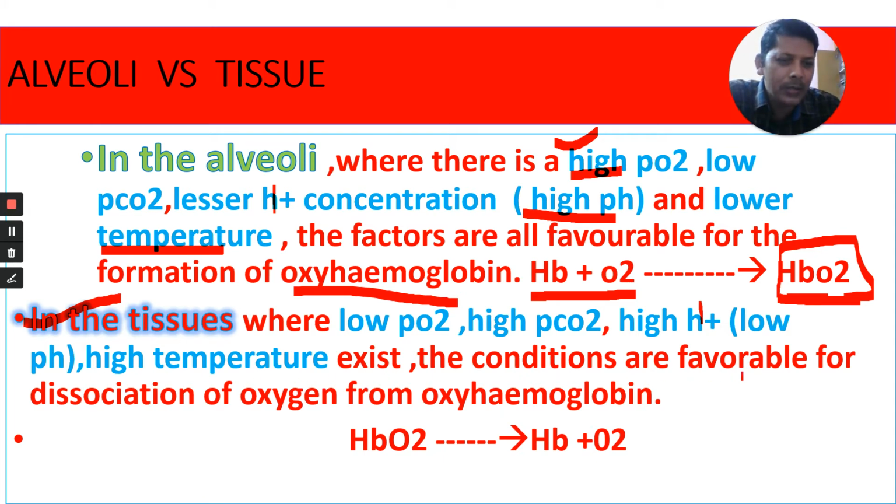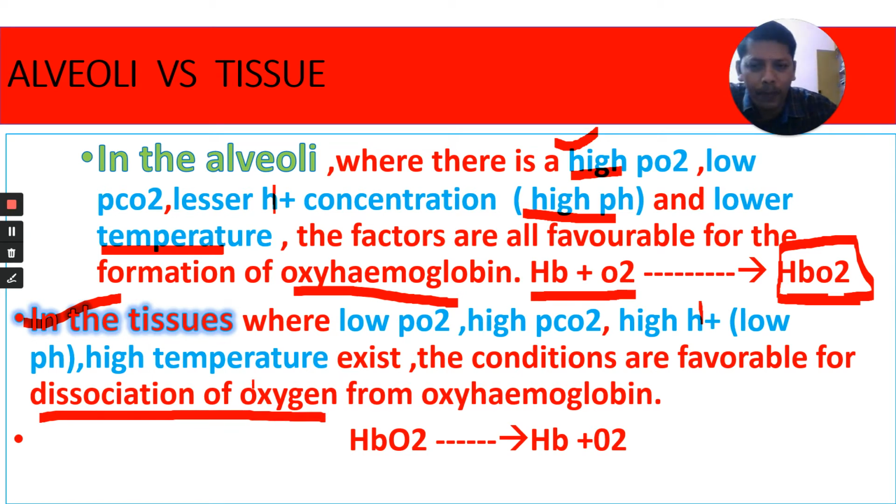These conditions are favorable for the dissociation of oxygen from oxyhemoglobin. Now the oxygen separates from the hemoglobin. This happens at the tissues because conditions are not favorable.